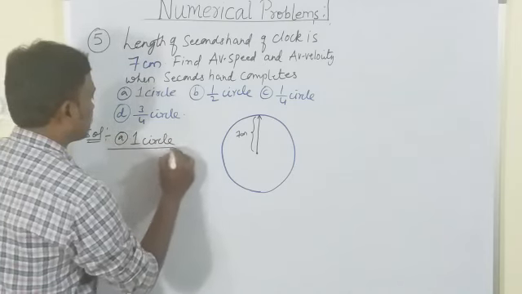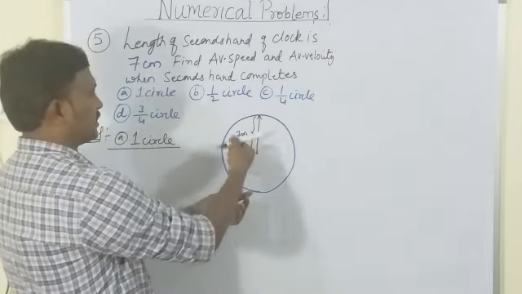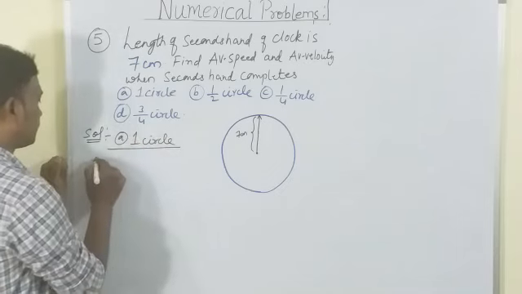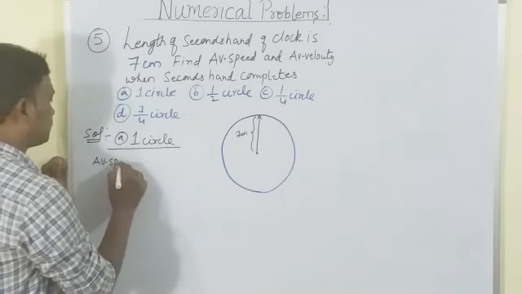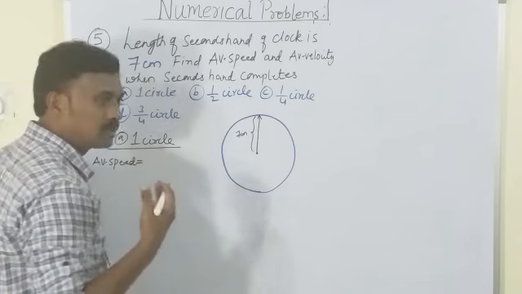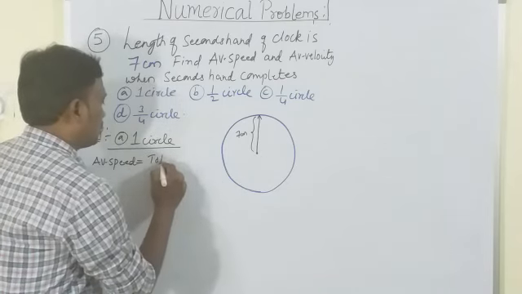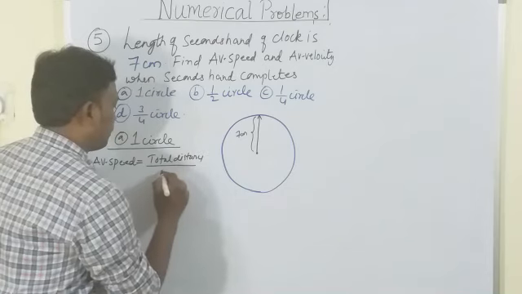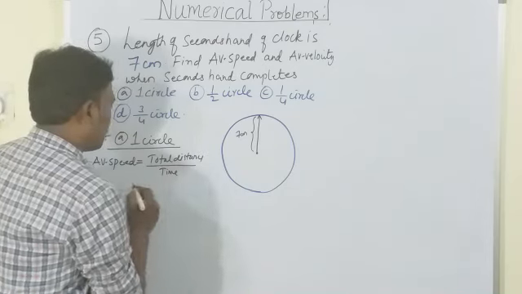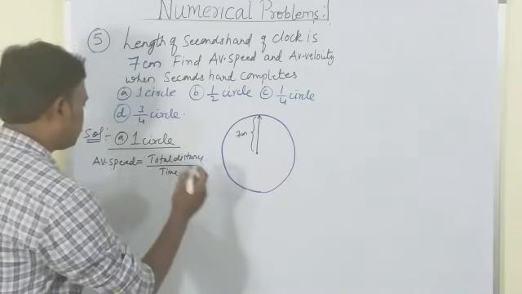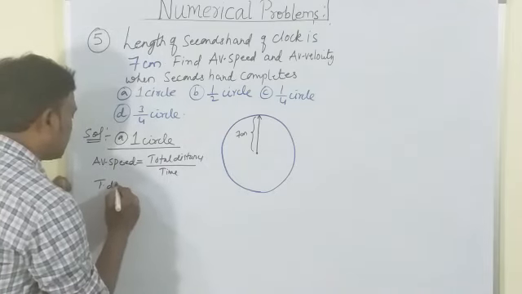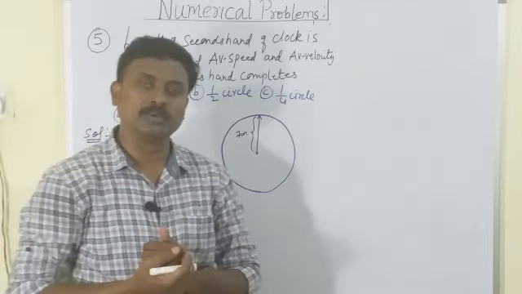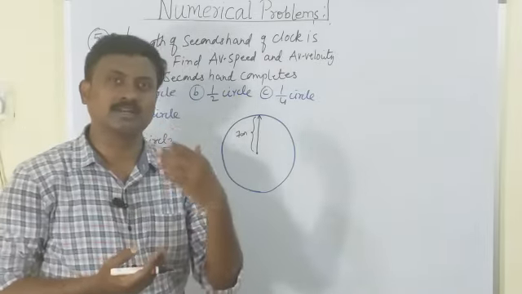So when it completes one circle, what is the formula for average speed? Total distance by total time. In the previous numerical problems, we have studied how to calculate distance and displacement.